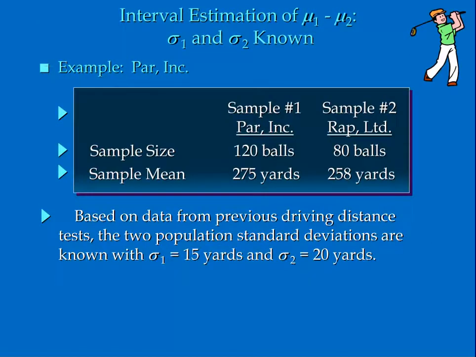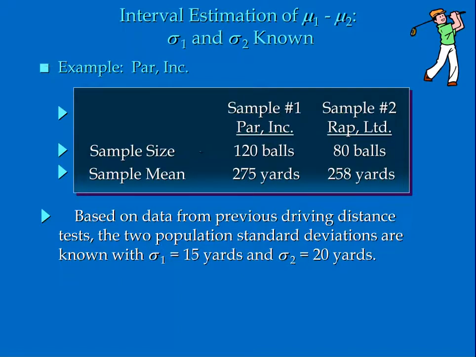We go on to the next slide. Here are the relevant values: the sample size and the sample mean. Now we're going to put in the notation. We have the sample size for sample 1, Par, and then for RAP.